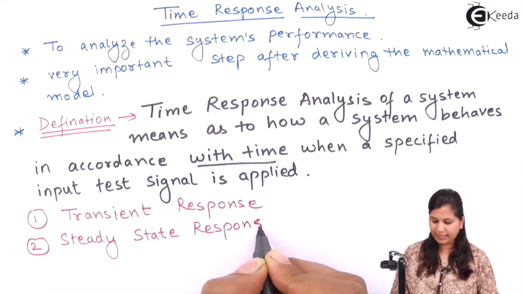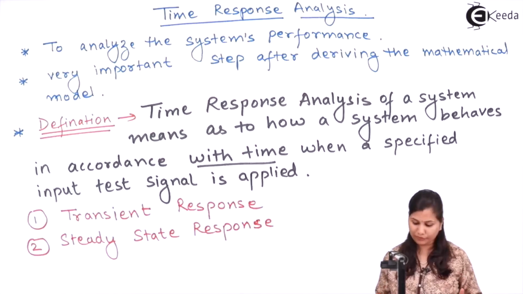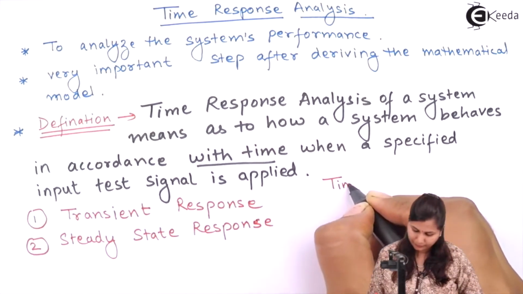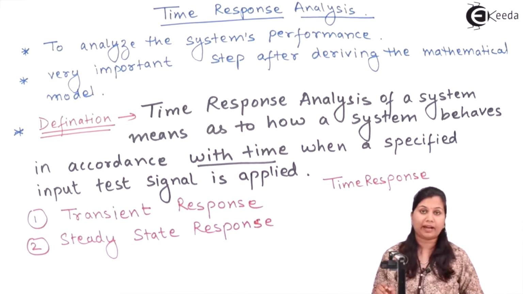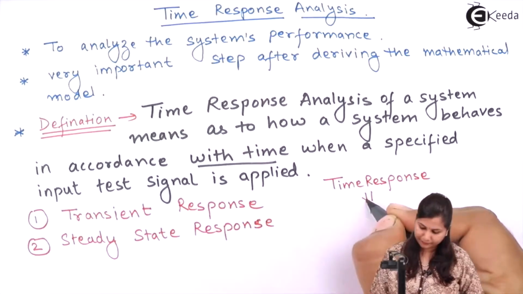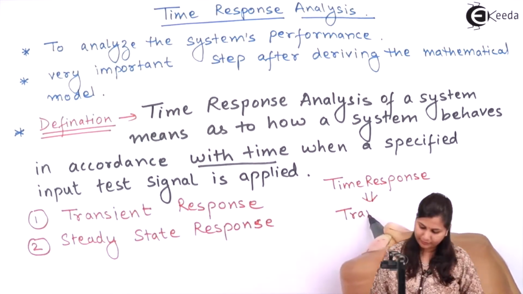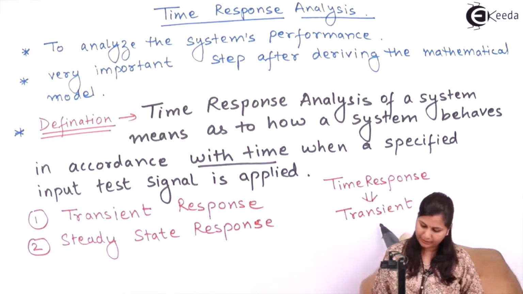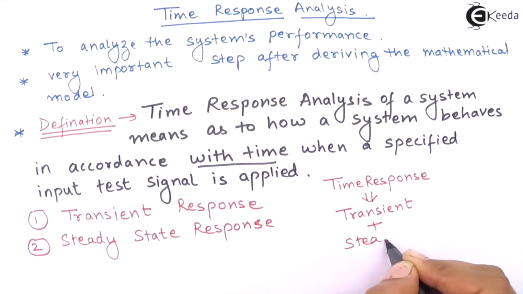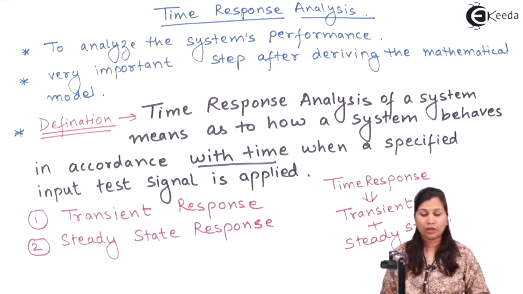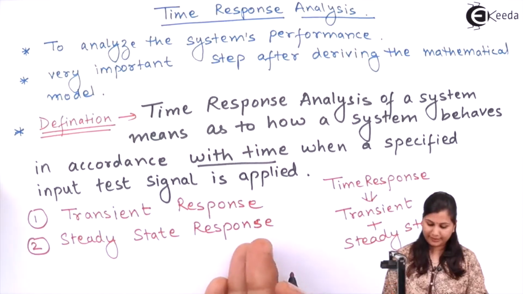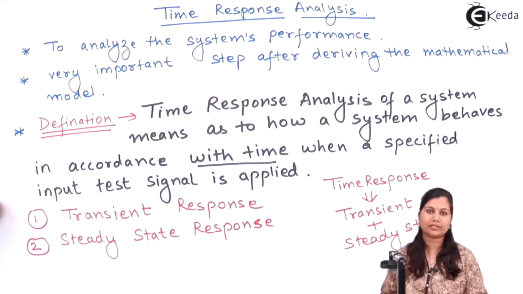So we can say that the complete time response of a system will be divided into two parts: transient plus steady state. Let's see what the transient response and the steady state response of a system are. First, we will start with transient response.